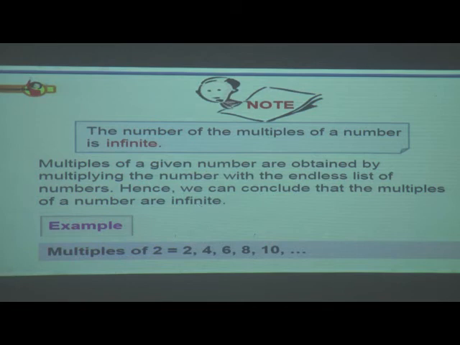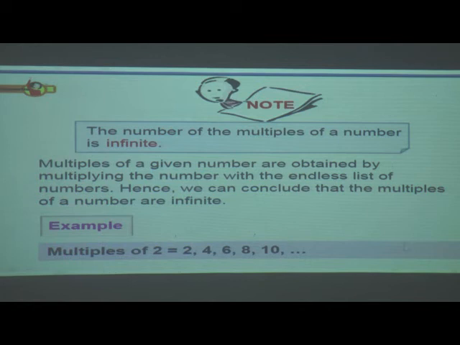It goes on. The number of multiples of a number is infinite, which means as we go on multiplying we get the next numbers. So the multiples never end. For example, multiples of 2: 2, 4, 6, 8, 10, 12, 14, 16, 18, 20.